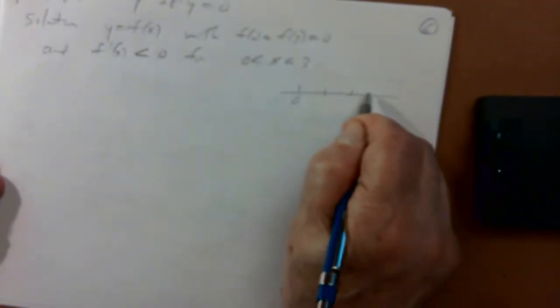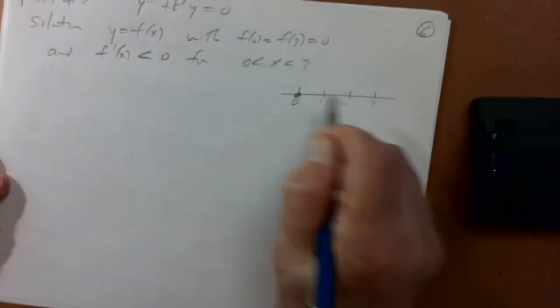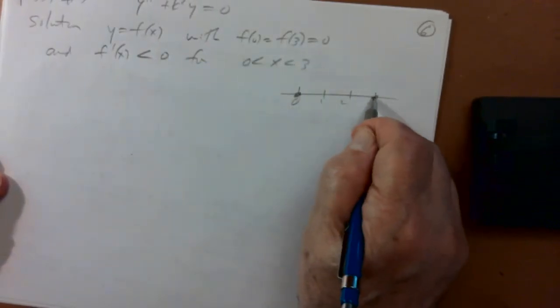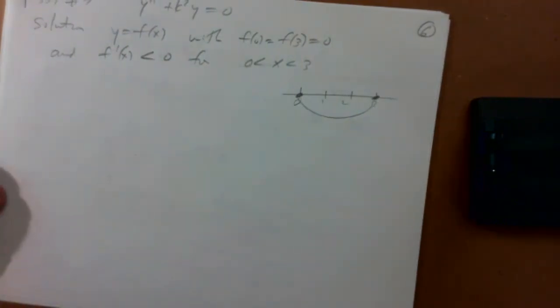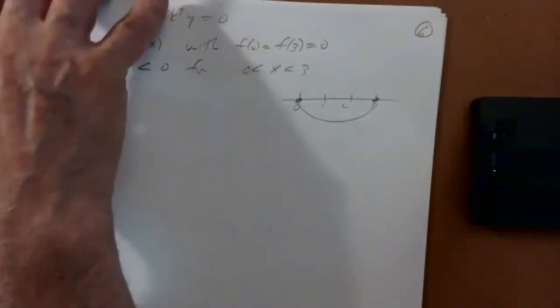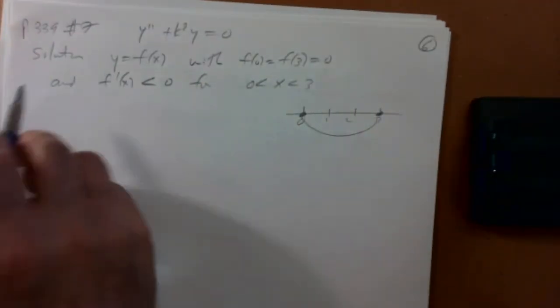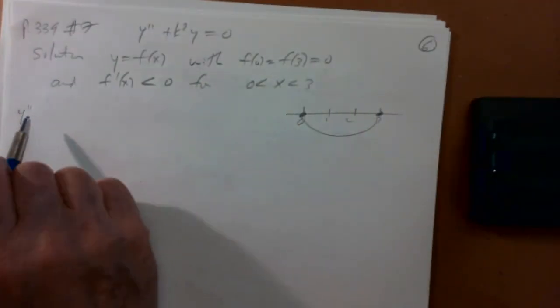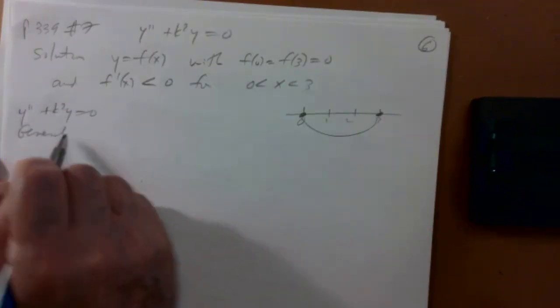So what we're told about this is whatever is the solution f of x has the following property. It's 0 at 0, it's 0 at 3, and it's strictly less than 0 between 0 and 3. So what can we say about the function? If we look at y double prime plus k squared y equals 0, what is the general solution?